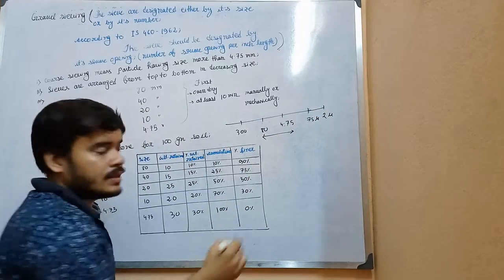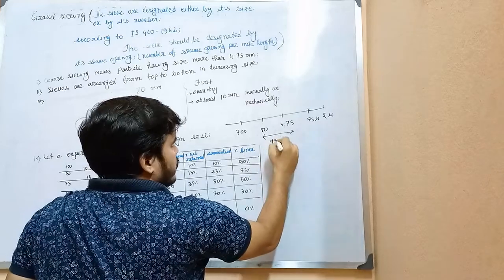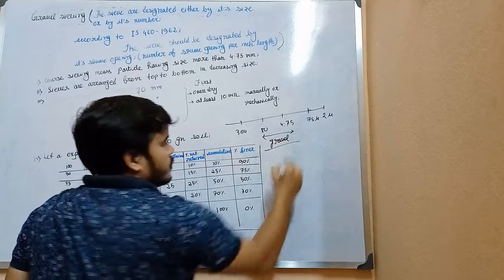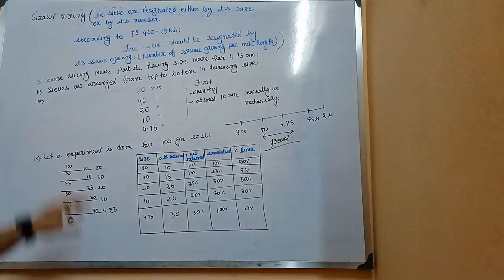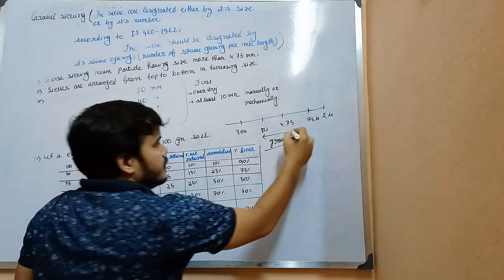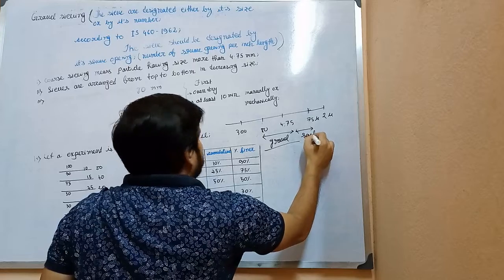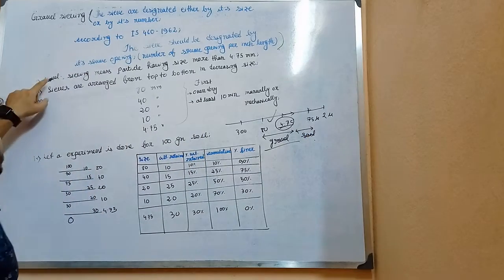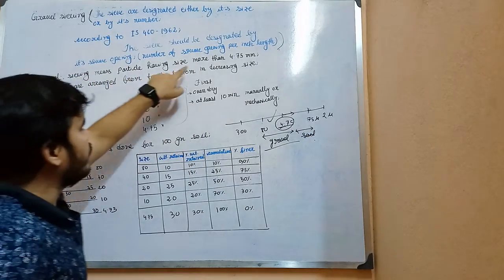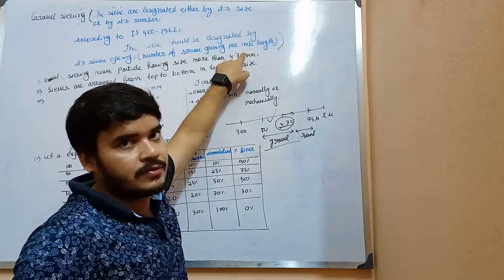In the range from 80 to 4.75 mm, gravel exists, and this is the range for coarse sieving. Sand lies in the next range. Gravel sieving means the particles having size more than 4.75 millimeter.